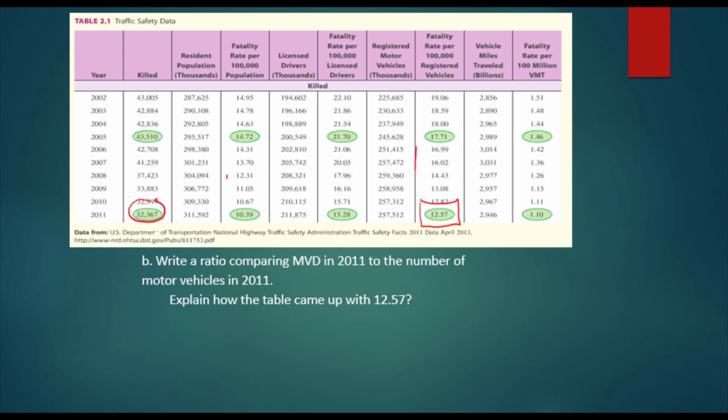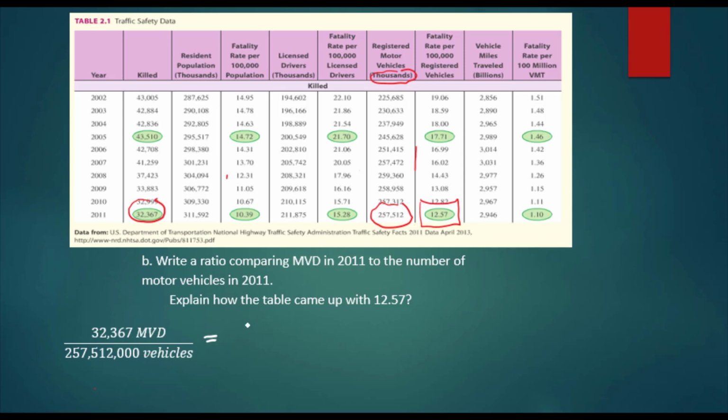Okay, so we're going to make our ratio of motor vehicle deaths, which is right here, to total motor vehicles registered. Don't forget I'm going to add 3 zeros to that because it's in thousands. So there I have my motor vehicle deaths per how many motor vehicles there are registered.